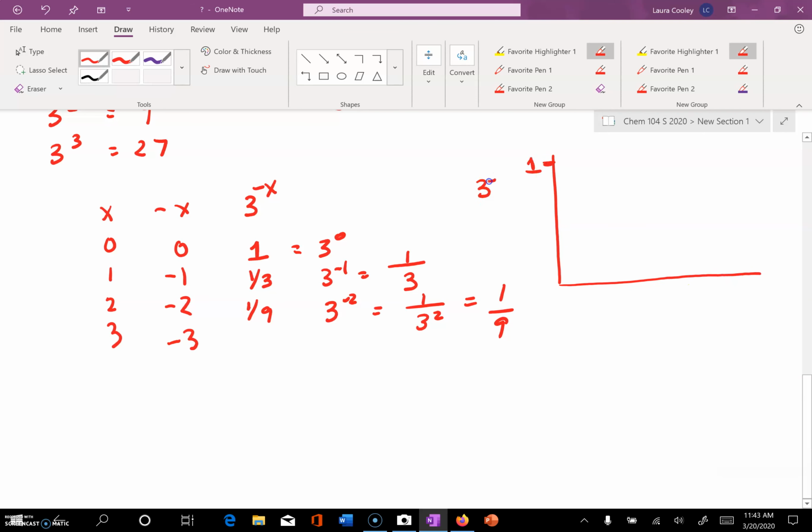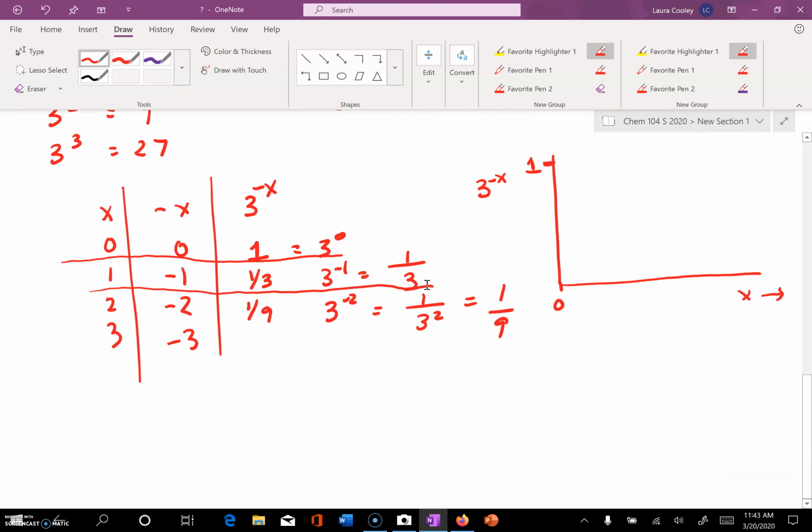So this is 3 to the minus x versus x. Okay, so here's 0. So when x is equal to 0, 3 to the minus x is equal to 1. When x is equal to 1, this is already down to 1/3. Here's 1/3 over here.